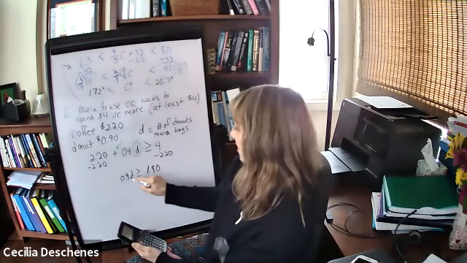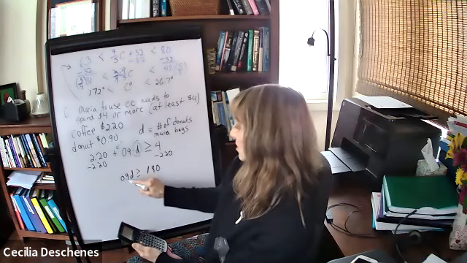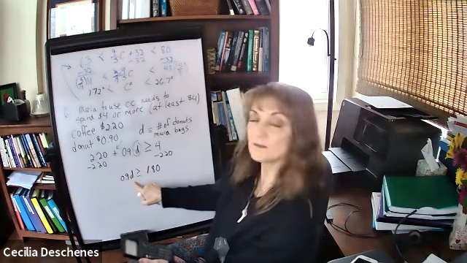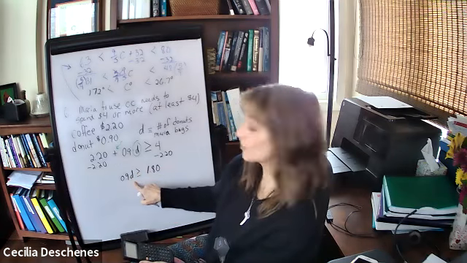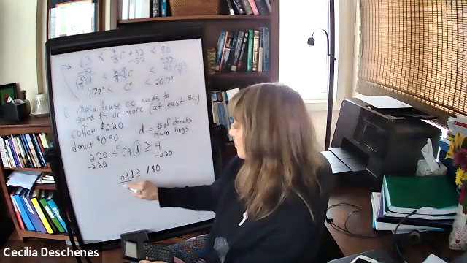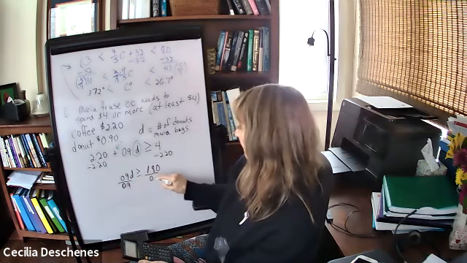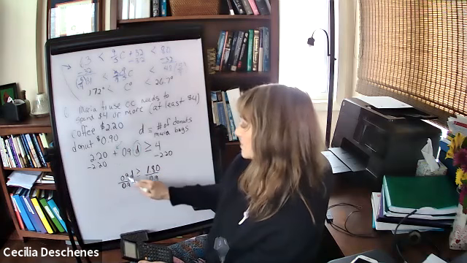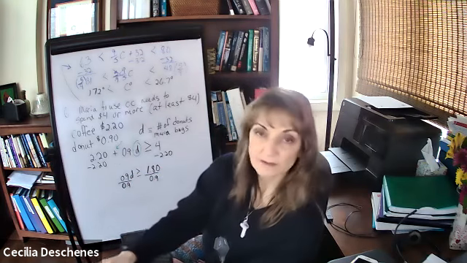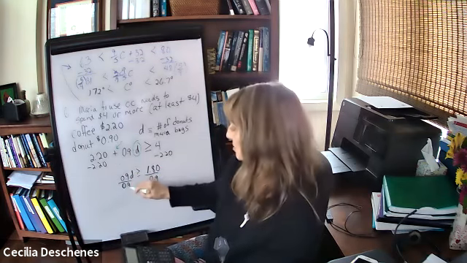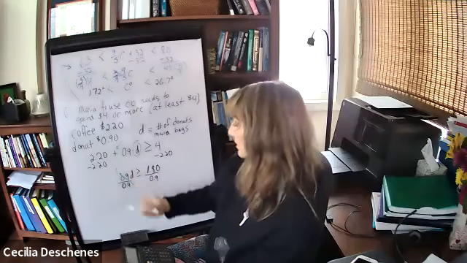Okay, and then you see we don't have D by itself, so we have to divide by 0.9. So we can divide both sides by 0.9. Now 0.9 divided by 0.9, anything divided by itself, it doesn't matter if it's a fraction or not, is 1.